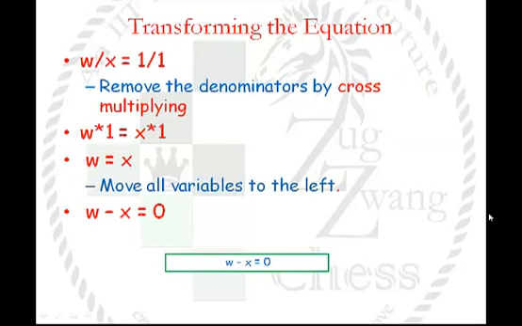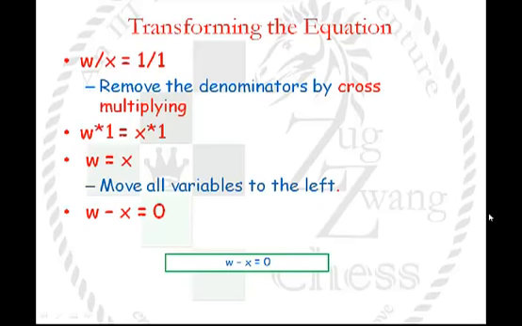So let's transform the first equation. Now I have W by X equal to 1 by 1. It's not regular because both left hand side and right hand side have a denominator. Whenever you want to remove denominators, you have to cross multiply. So you cross multiply both sides to get rid of the denominator.